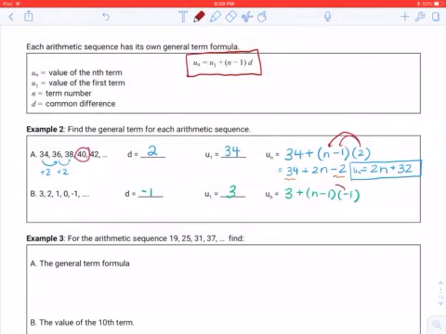Cleaning that up a little bit, I distribute this negative 1 into my bracket. I end up with 3. Negative 1 times n is negative n. And negative 1 times negative 1 is positive 1. So my general term formula here, un, is going to be negative n plus 3 plus 1, so plus 4.